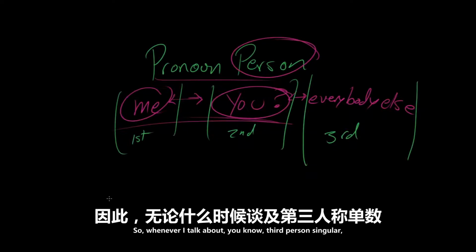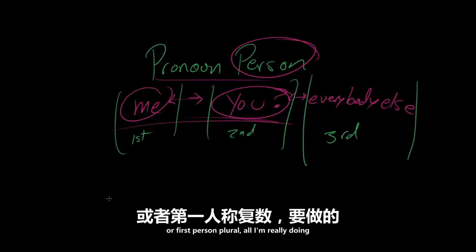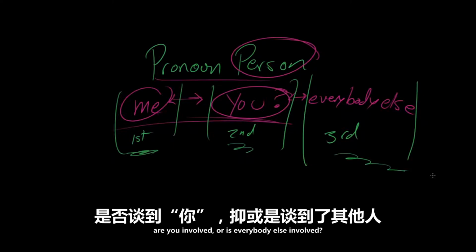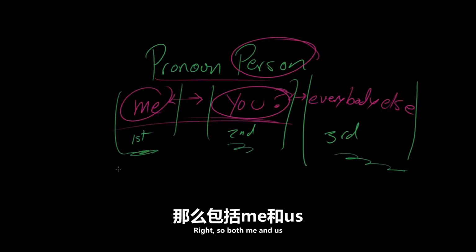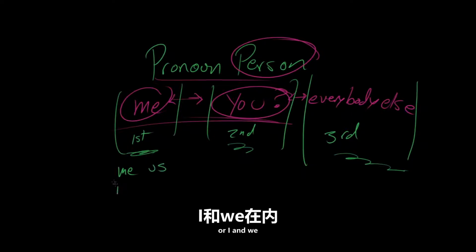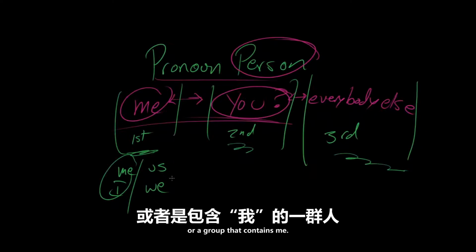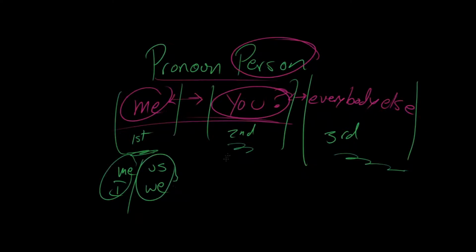So whenever I talk about third person singular or first person plural, all I'm really doing is going back to these columns of: am I involved? Are you involved? Or is everybody else involved? Right. So both me and us, or I and we, are first person pronouns because they're about me or a group that contains me.